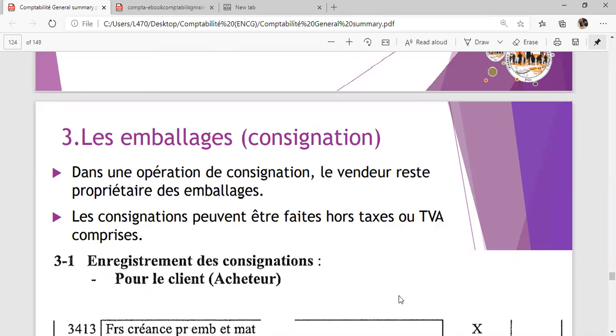These emballages are never returned to the fournisseur. So there's never a case where you'd have to return the emballage to the fournisseur. So by that is that they carry no additional value. They carry no price tag added to them.